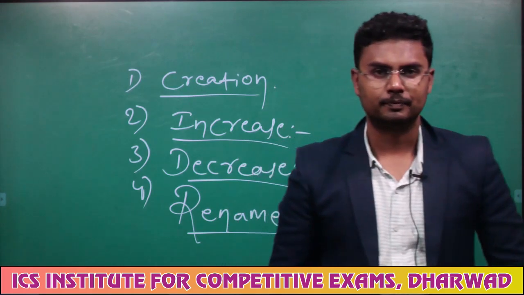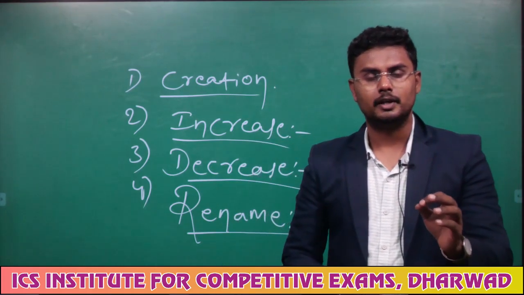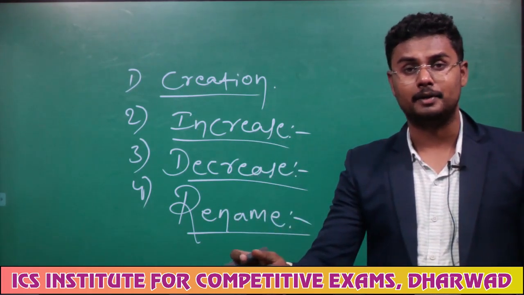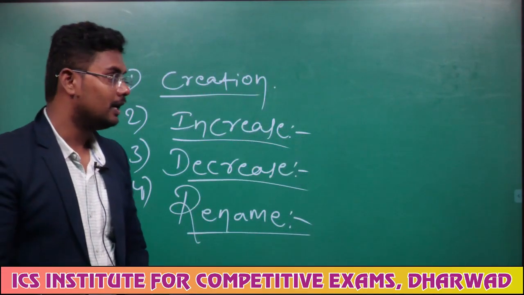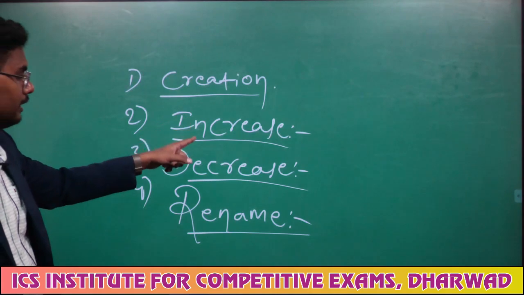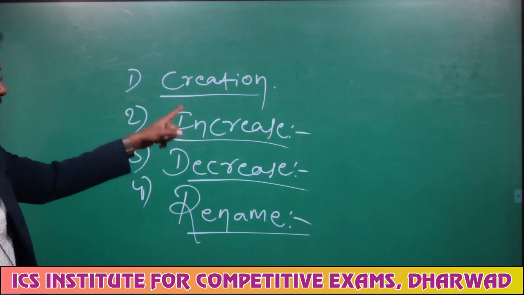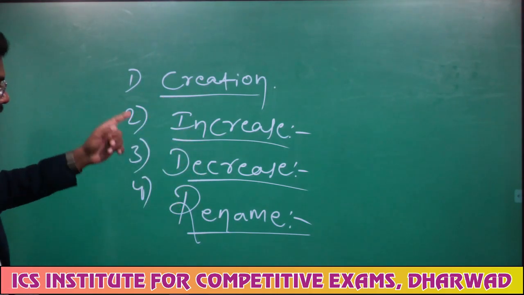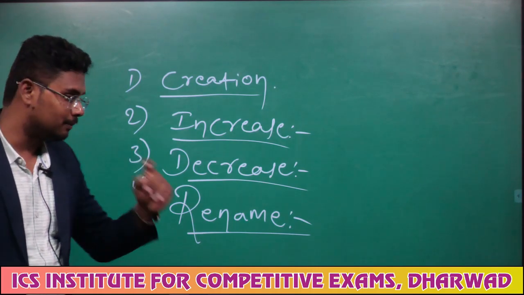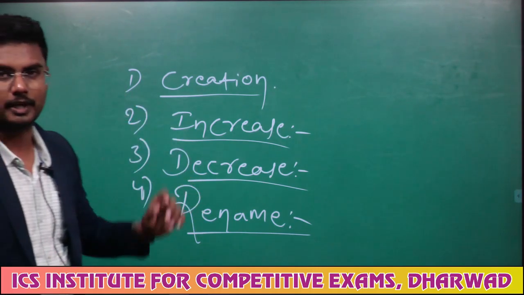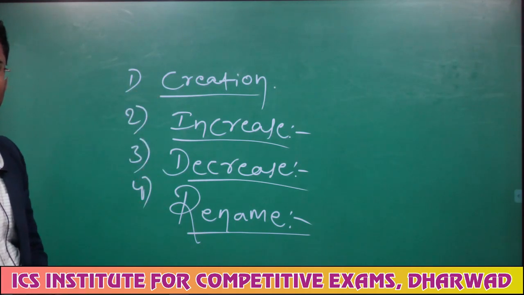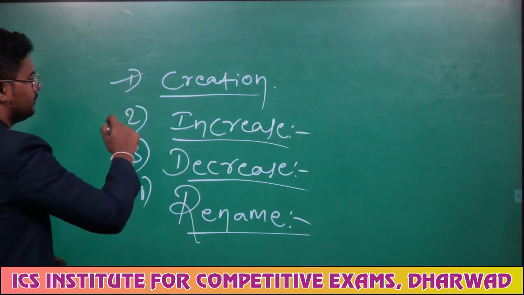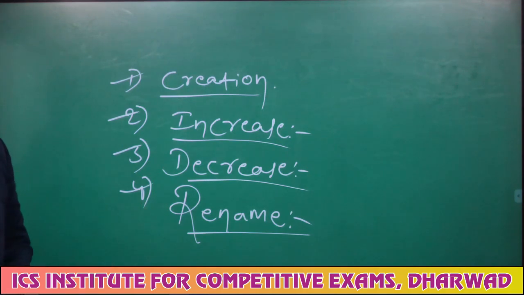I'll repeat. Article 3 of the Indian Constitution empowers Parliament. What it says? By law, the Parliament of India can create new states, can increase the area of any state, can decrease the area of any state, or it can even rename any state. Have these been used anywhere? Yes. Every single power has been used.